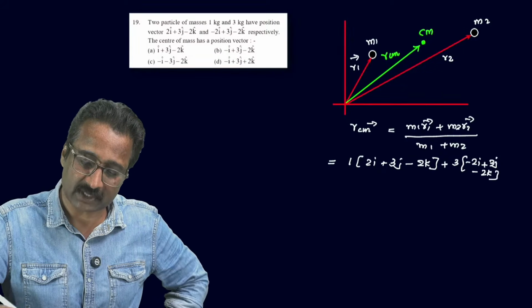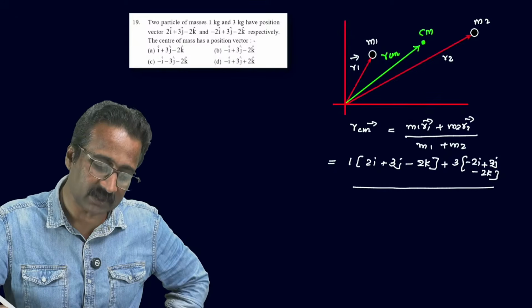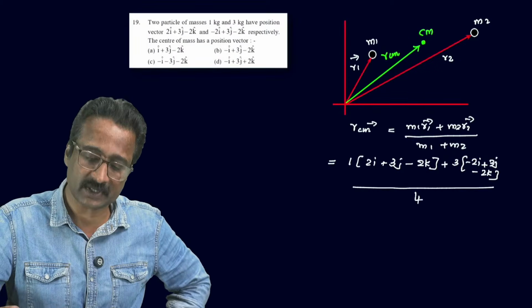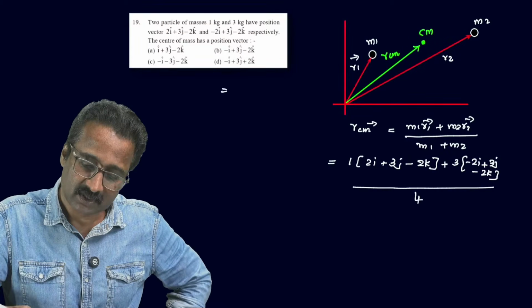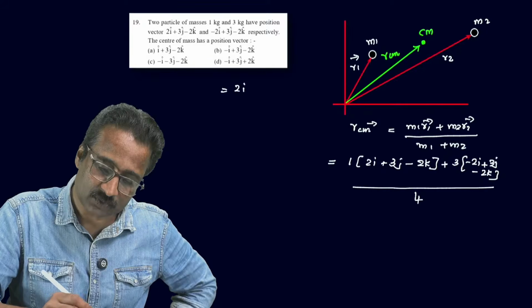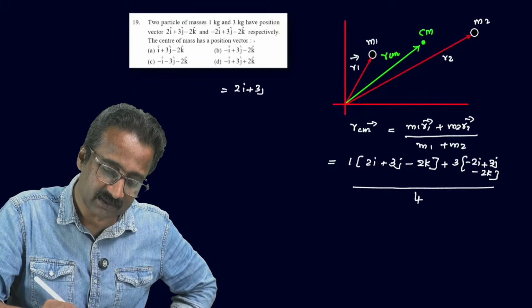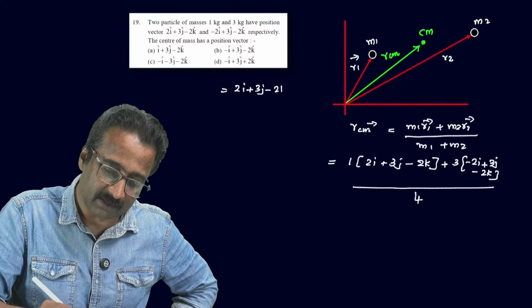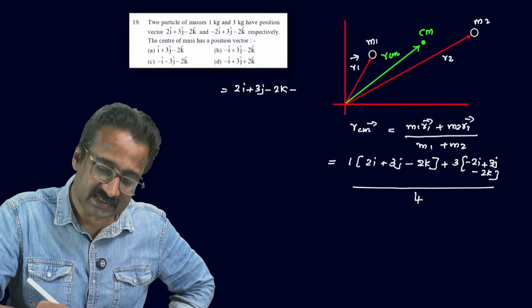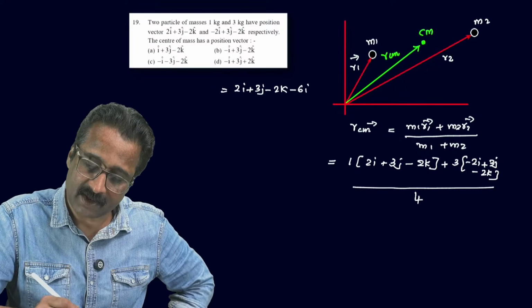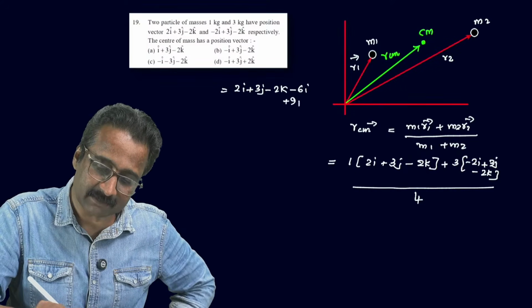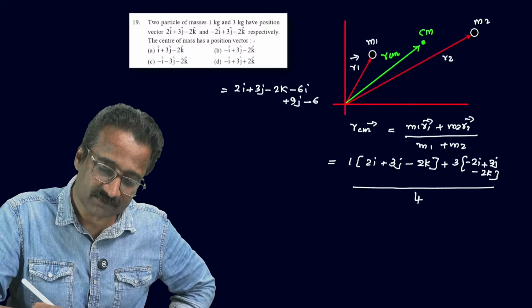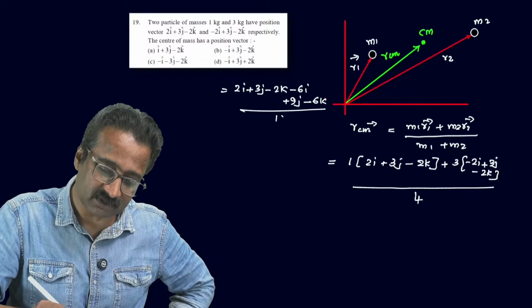That is m2 r2, divided by total mass 1 plus 3, which is 4. This is equal to 2i plus 3j minus 2k, then minus 6i, then plus 9j, then minus 6k, divided by total mass.